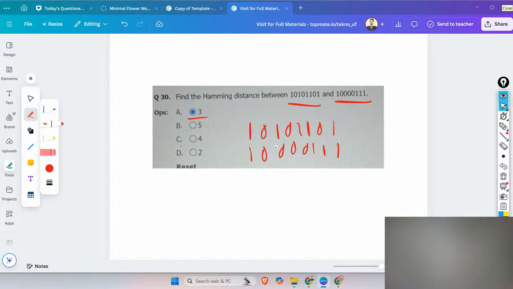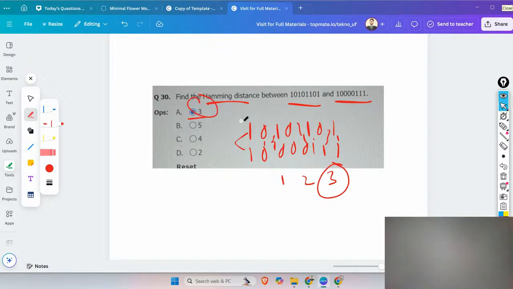Let's say here both are same, here both are same, here both are same, so it's fine. But if any of the bits are different, in this case it's different, this case it's different, this case it's different. So 1, 2 and 3, total 3 such pairs are available where bits are different. That's why the Hamming distance will be 3.